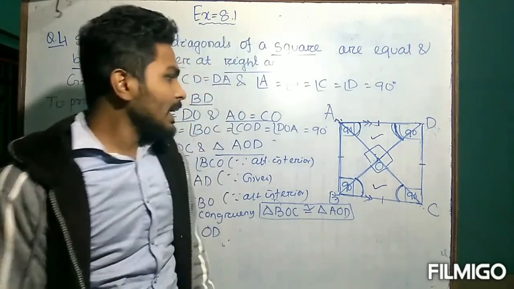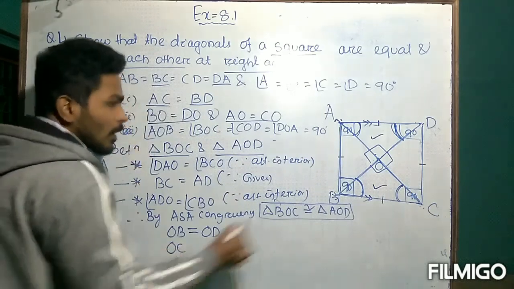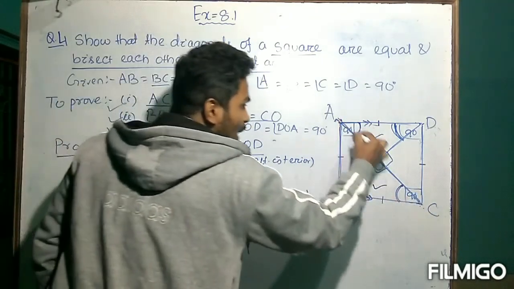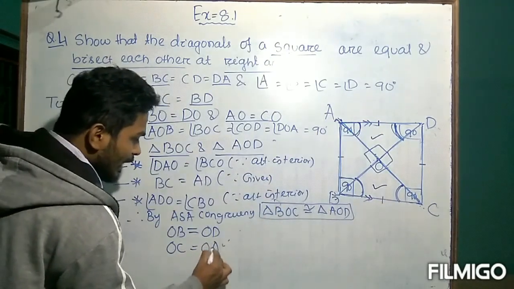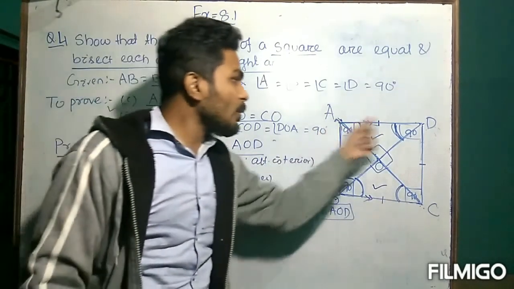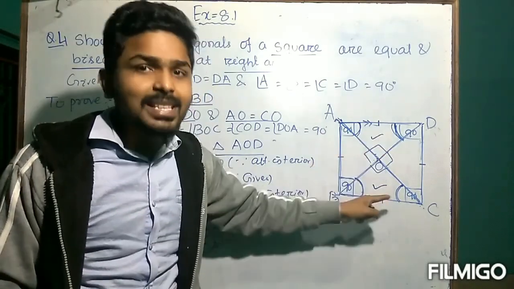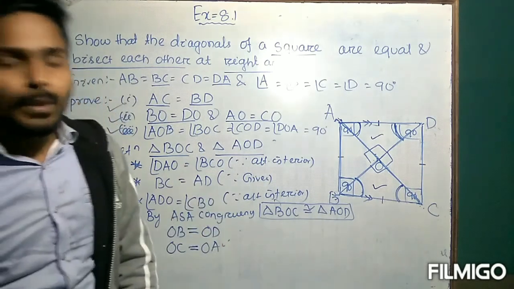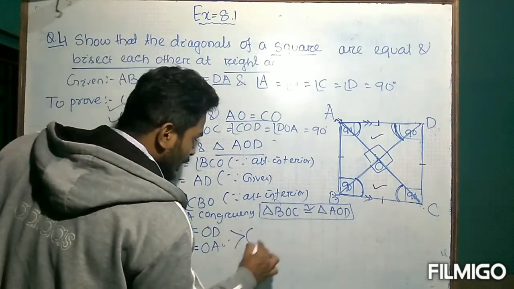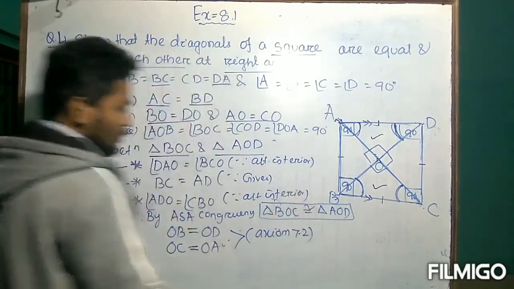Similarly, if we consider OC as a part of triangle BOC and OA is a part of triangle AOD, then since these two triangles are congruent, their corresponding parts must be equal. Okay, so these are due to CPCT.